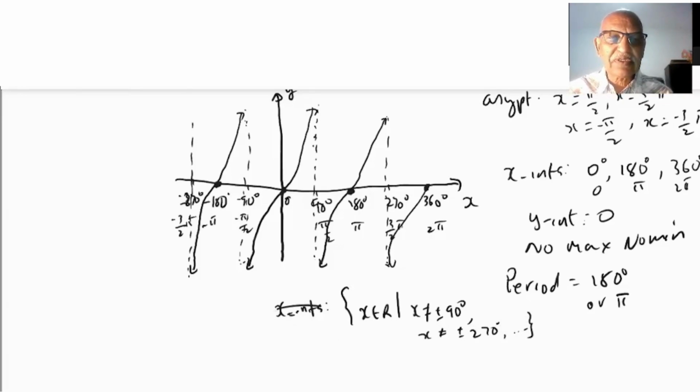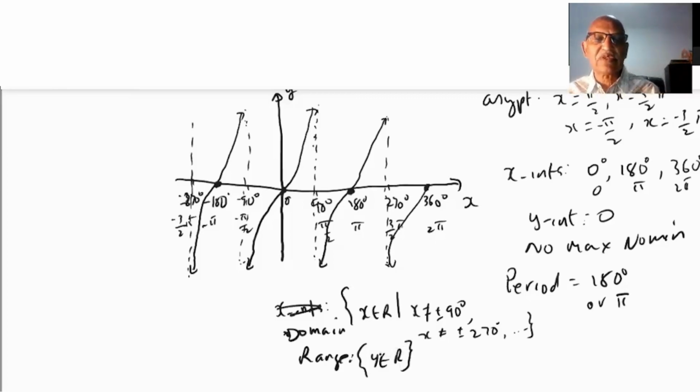Oh, sorry, not x-intercept, this is the domain. And the range would be all real numbers, because it can be all real numbers. So the domain has restrictions, but the range has no restrictions. Okay, that's all about the tan graph. That's the basic tan graph.